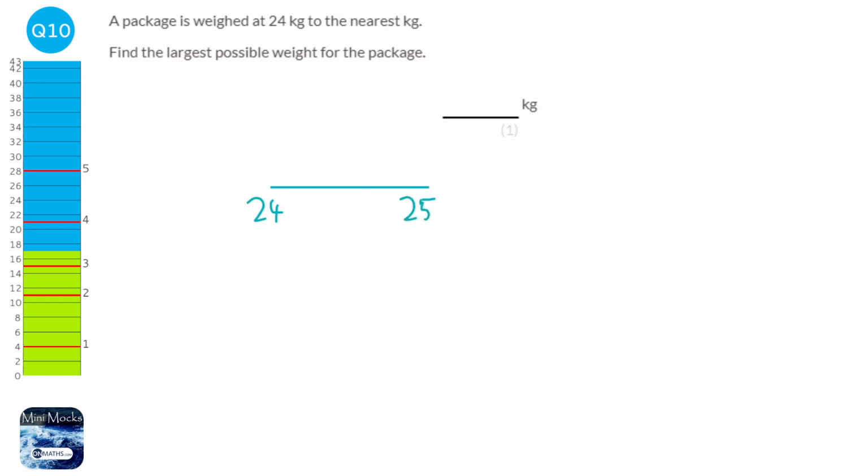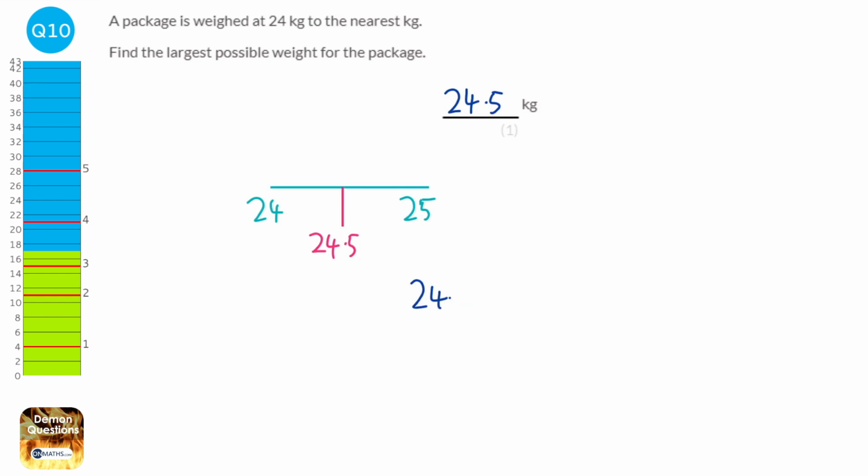The cutoff point for rounding is here, and that's going to be halfway between 24 and 25, which is 24.5, and that is actually going to be our answer. Now, some of you who are astute might realize that 24.5 would round to 25, but theoretically the biggest it can be is going to be 24.49 recurring.